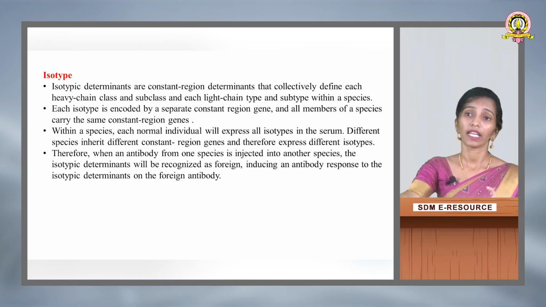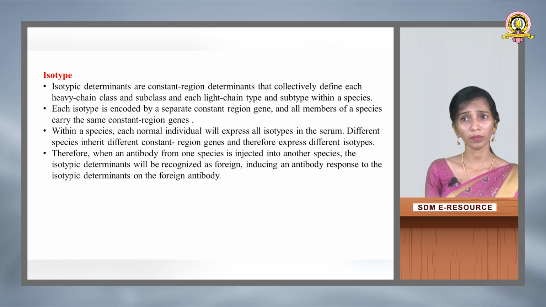Next we will see the diversity of antibody molecules. The very first thing is isotype. Isotypic determinants are the constant region determinants that collectively define each heavy chain class and its subclass and each light chain class and its subclass within the species. Each isotype is encoded by a separate constant region gene, and all the members within the species carry the same constant region genes.